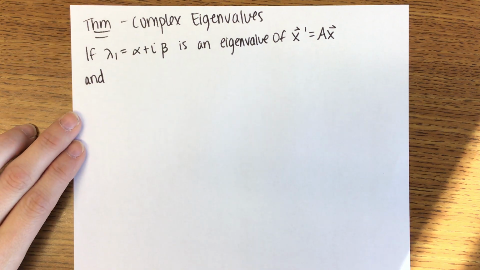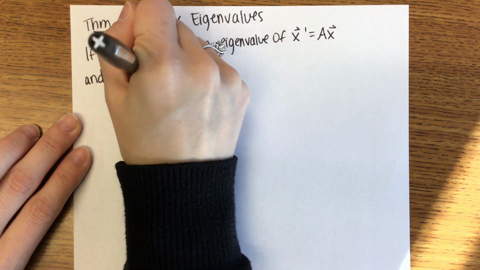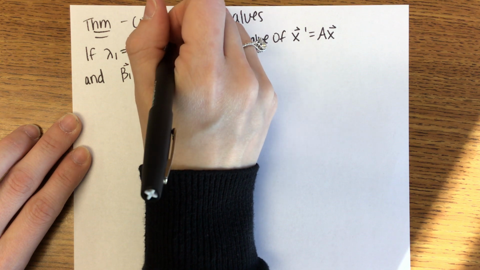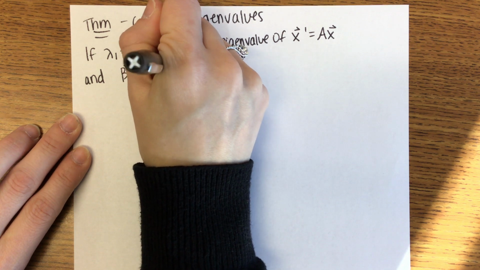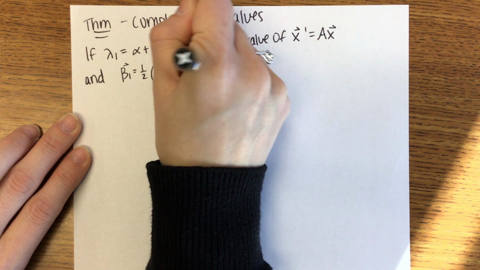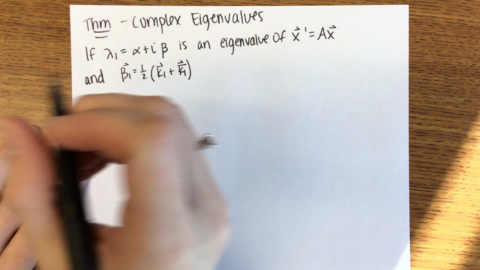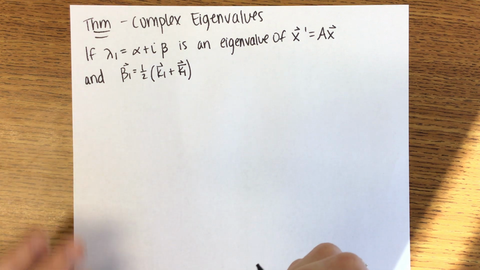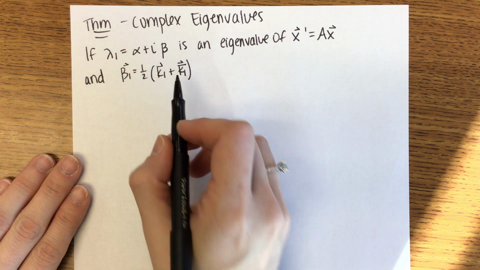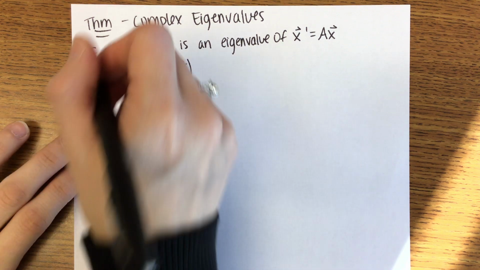And we're also going to define B1 is equal to 1/2 K1 plus K1 the conjugate. This is the conjugate. Just write this down. We're going to do an example.